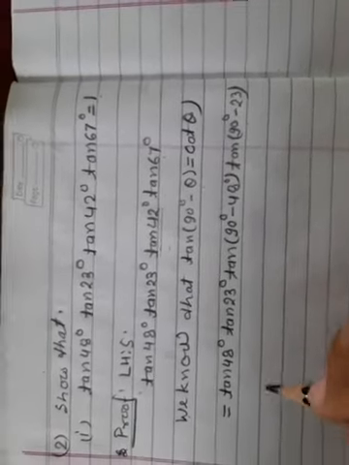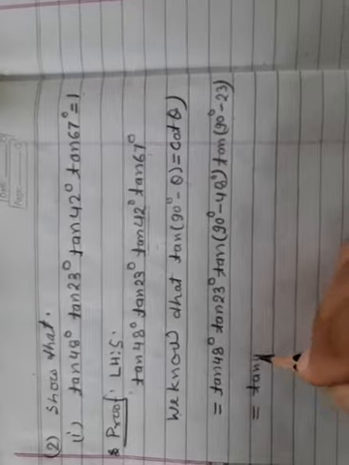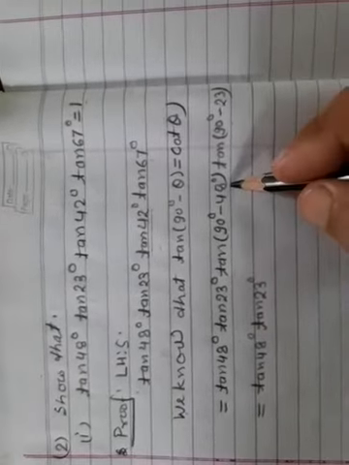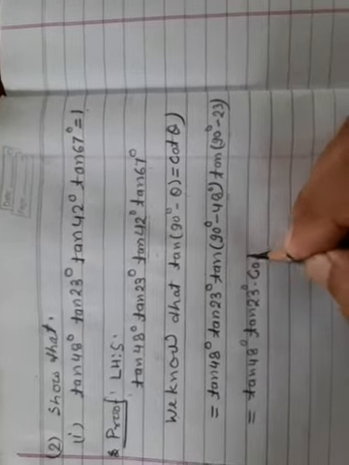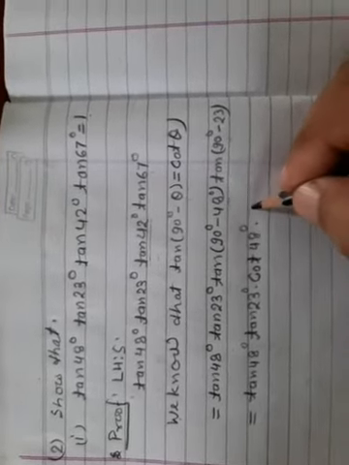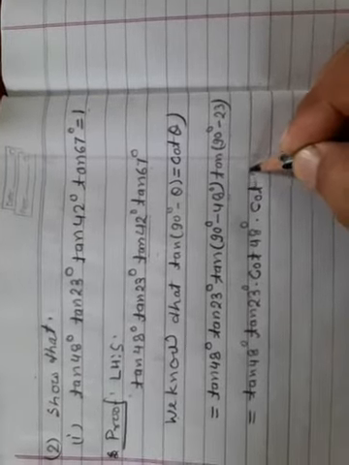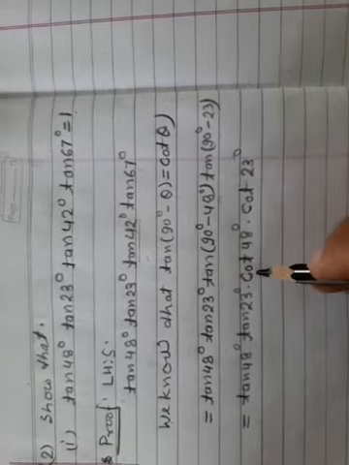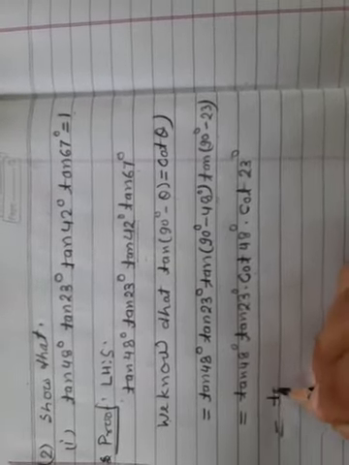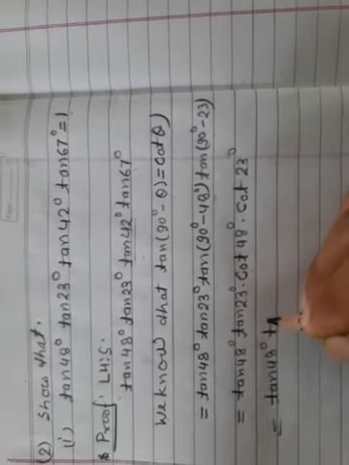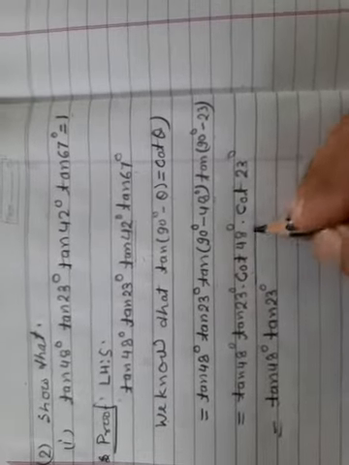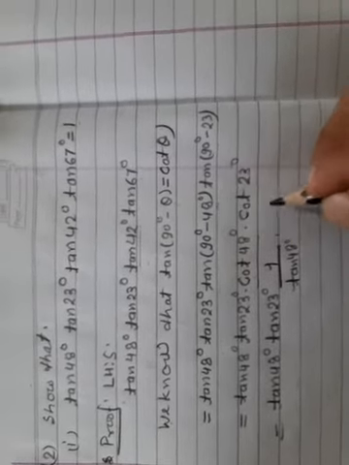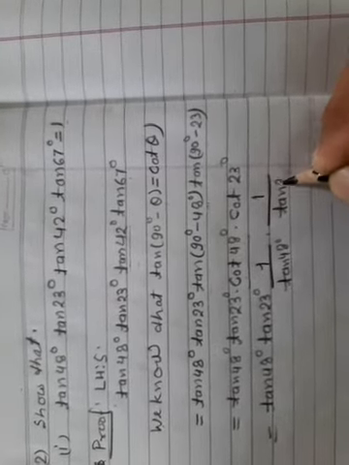Okay, now tan 48 degree and tan 23 degree are converted into cot 48 degree and cot 23 degree. We know that cot changes into 1 upon tan. So this becomes tan 48 degree, tan 23 degree, times 1 upon tan 48 degree, and 1 upon tan 23 degree.